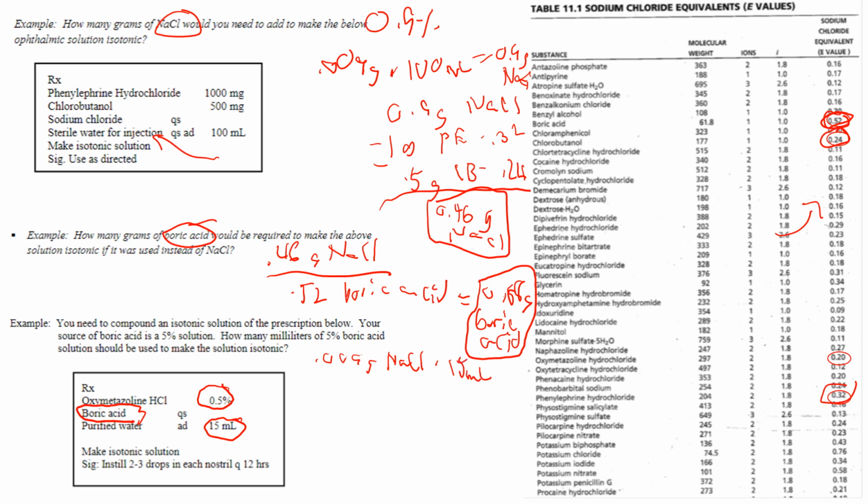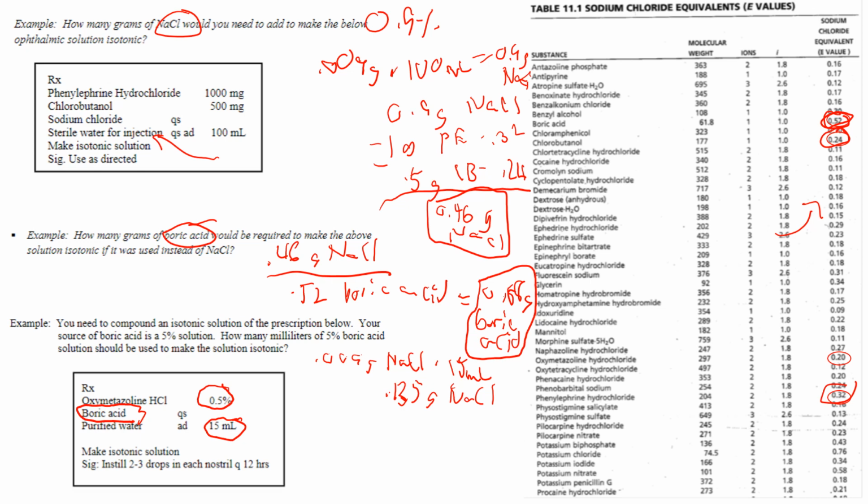When we do that, we get 0.135 grams of sodium chloride.